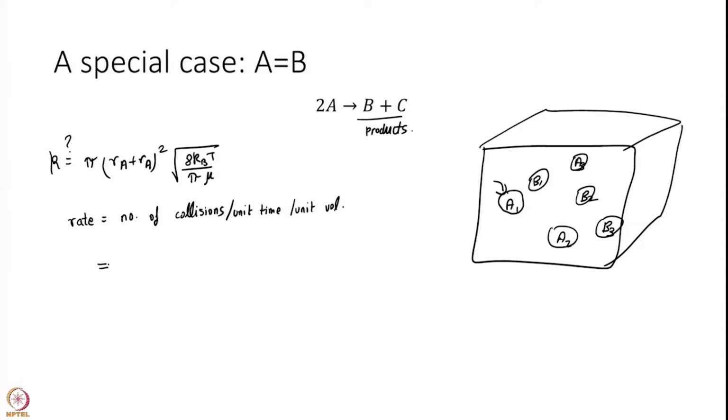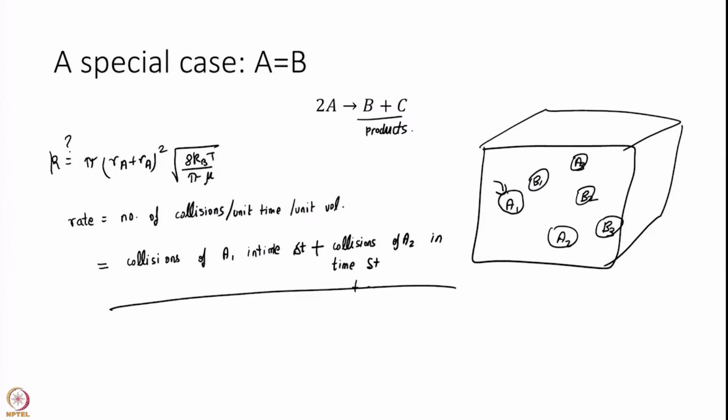So, this we are calculating as collisions of A1 in time delta t, plus collisions of A2 in time delta t, plus dot dot dot till collisions of all An, divided by the total number of A. That is why we used NA as the probability density. Again, I am going back to the very basics.